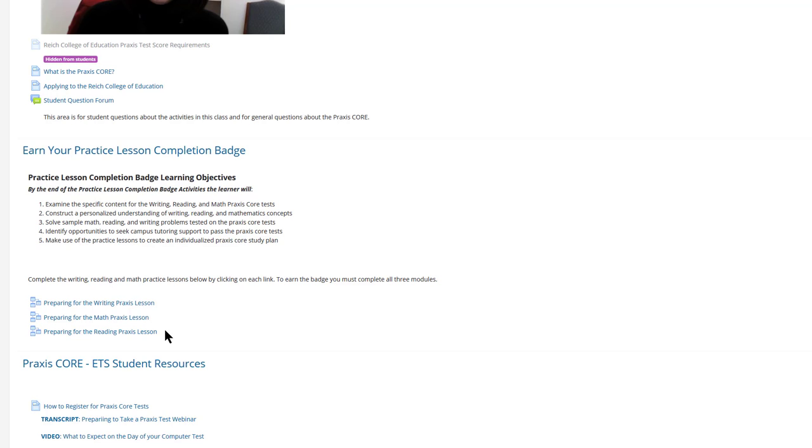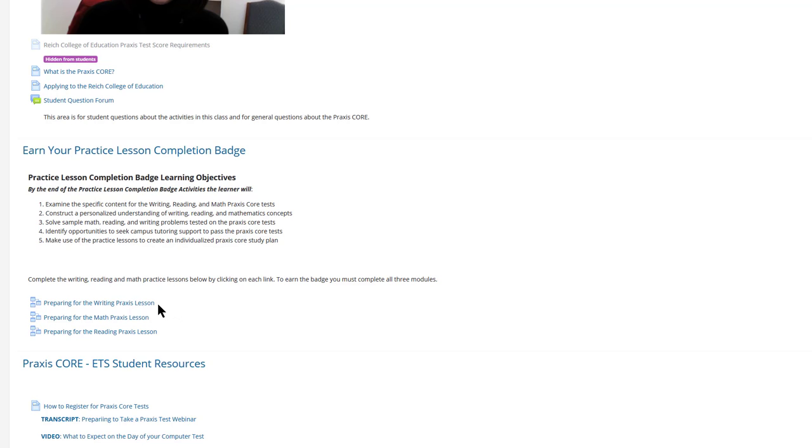You're going to solve some sample problems that are taken directly from the ETS webpage. And then you're going to identify some opportunities to seek support on campus, whether it's tutoring, one-on-one advising and consulting, getting information on the Praxis Core web workshops that are happening right now, and then identify how you're going to do your individualized study plan.